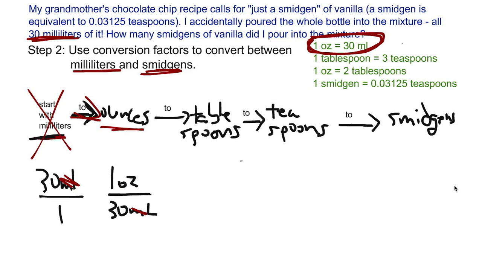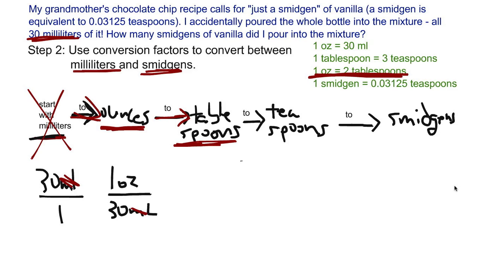So we need to go from ounces to tablespoons. So which one of these is going to let us go from ounces to tablespoons? Well, this right here has ounces and tablespoons in it, so we'll use that.